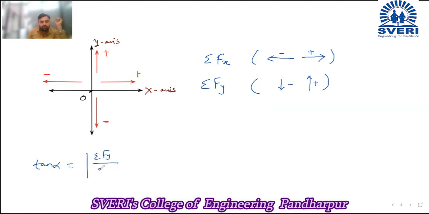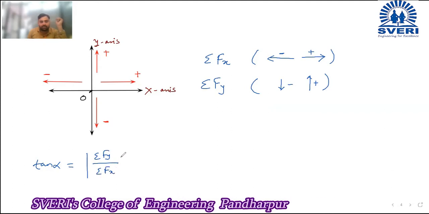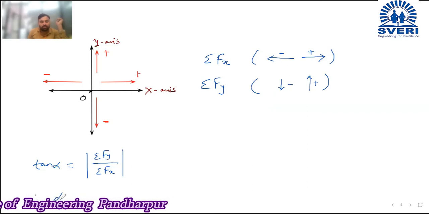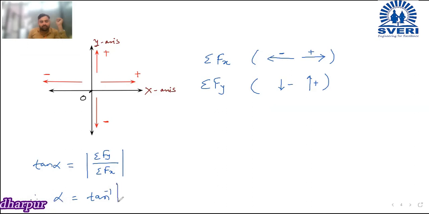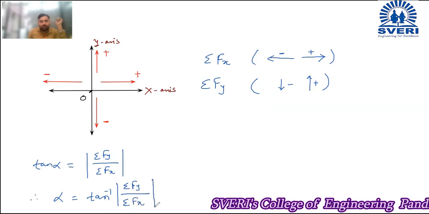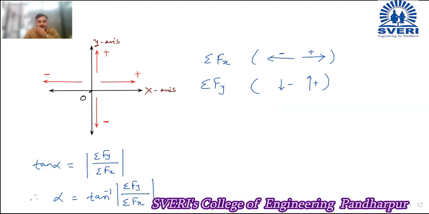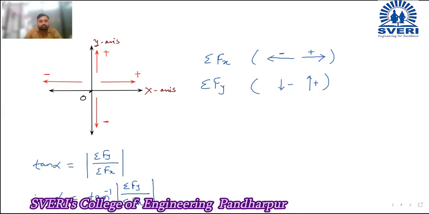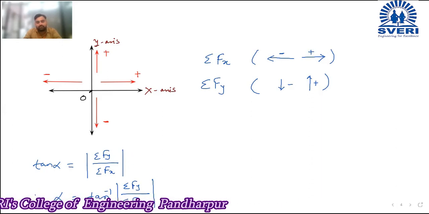In mod, you have to take this summation Fx and summation Fy. In the mod, summation Fx upon summation Fy. So therefore, alpha is equal to tan inverse. This is not a bracket, this is called mod. So summation Fy divided by summation Fx. This is the formula to calculate the direction.